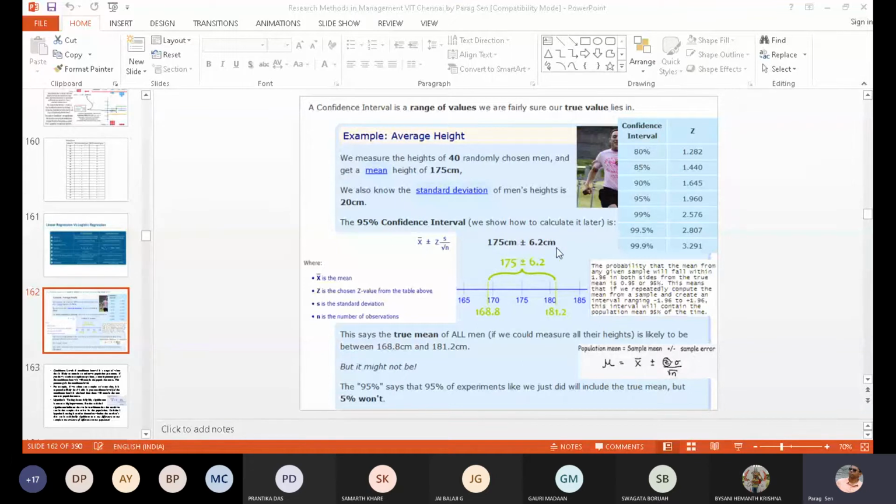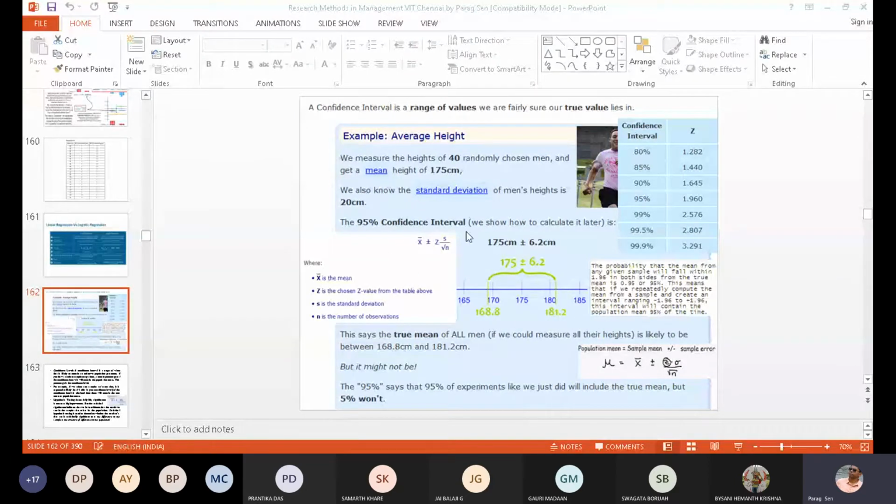If you do plus and minus, you will get the range. 175 plus 6.2 comes out to 181.2, and if you subtract 6.2 from 175, you get 168.8. This is the other side of the range. So the range is 168.8 to 181.2.